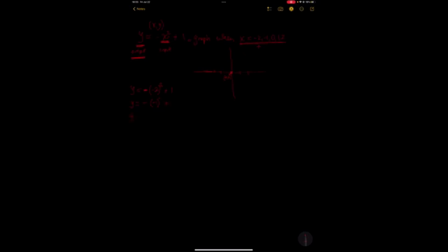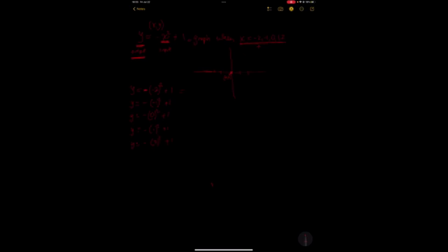For 0, y is equal to negative 0 squared plus 1. I'm writing it out as if you were, let's say, a 5-year-old or a 10-year-old, so I can actually see exactly what I am doing. Then y is equal to negative 1 squared plus 1, and y is equal to negative 2 squared plus 1.